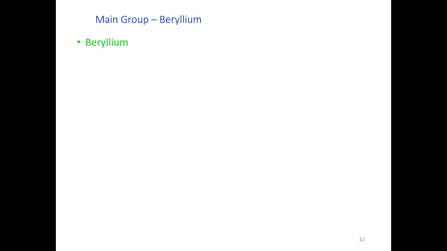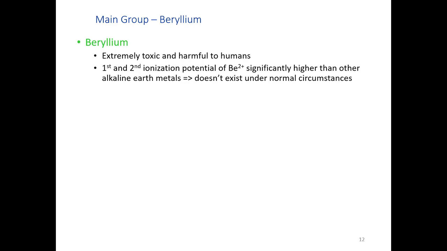Now moving on to beryllium, which behaves a little bit differently than the rest of the group 2 metals. Beryllium is extremely toxic to humans, and it has much higher ionization energies than the rest of the alkaline earth metals. As such, similar to bare protons, bare beryllium 2+ cations don't really exist under normal circumstances.